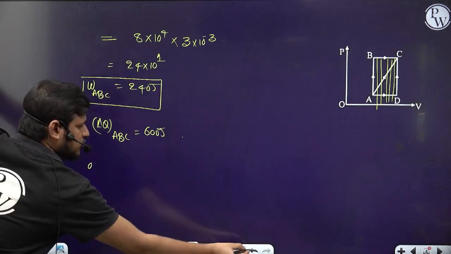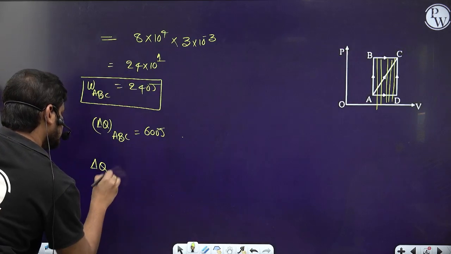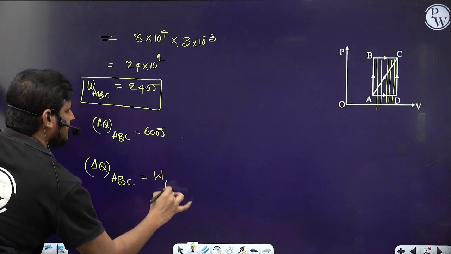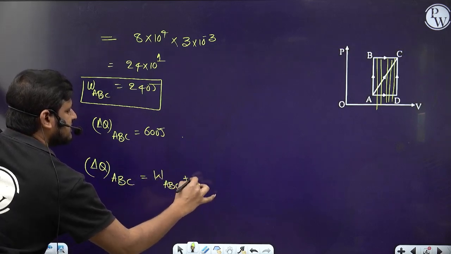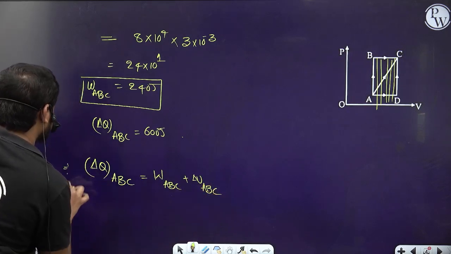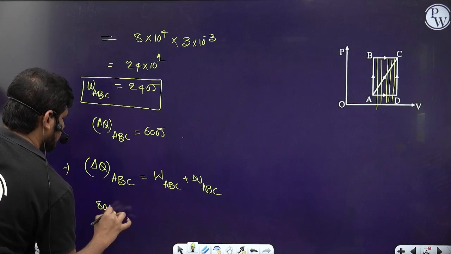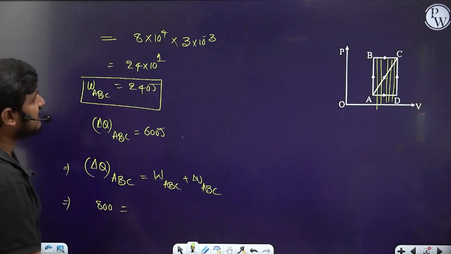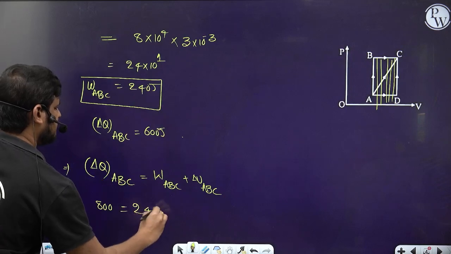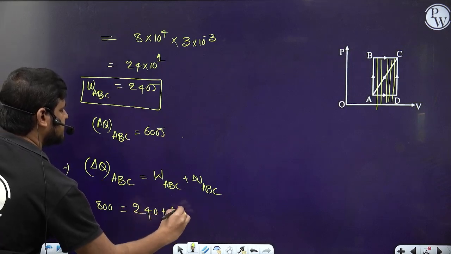The delta Q in ABC is equal to the work done in ABC plus the change in internal energy in ABC. Chalo. So the delta Q is 800, which equals the work done in ABC, 240 joules, right? Plus the internal energy in ABC.